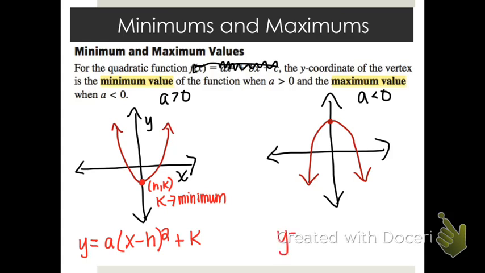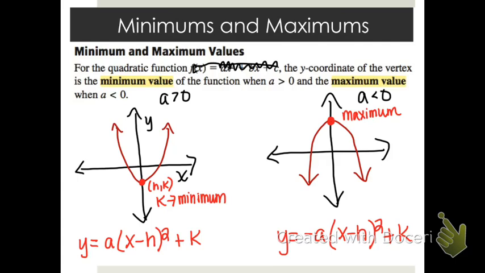We have y is equal to negative a, x minus h squared plus k. And like I said, we'd have a downward facing parabola. This point right here is the highest point in our graph. So this would actually be a maximum. And we just look at our y value.